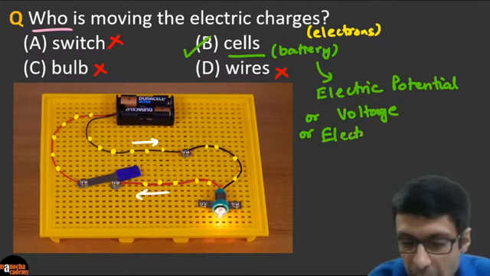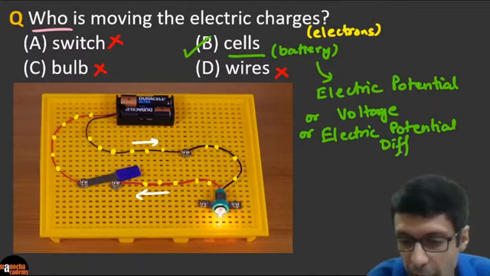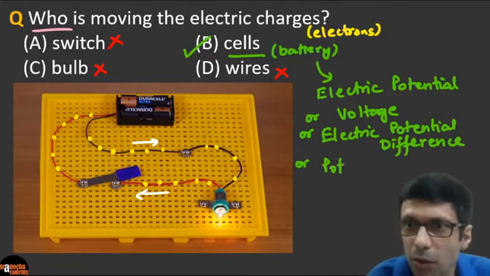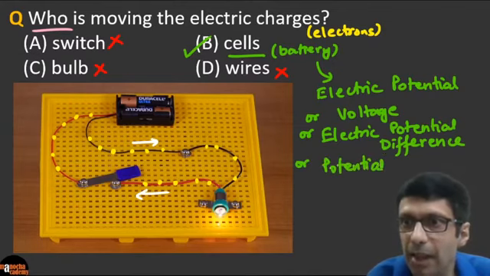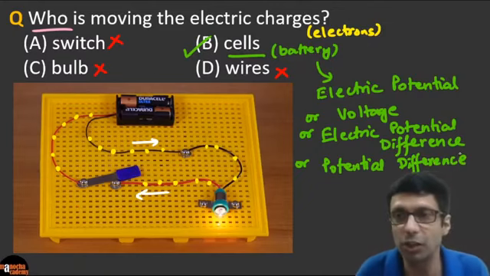There are many terms, right? Electric potential difference, or simply potential difference. Let me write all those terms here for you. These all mean the same thing: electric potential, voltage, electric potential difference, or potential difference.